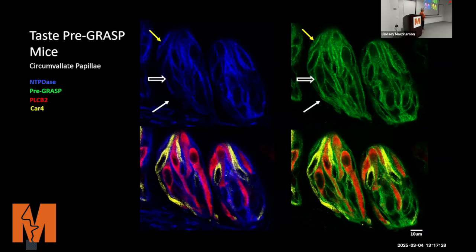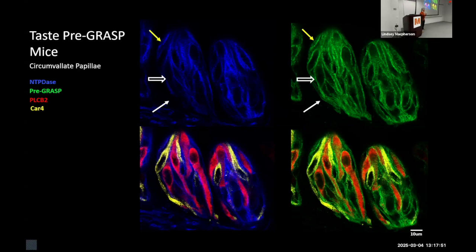I had made a previous version of GRASP which had just a CD4 linker, so it would just go generally to the membrane. We don't see a huge difference between the neuroligin version versus the CD4 version in our hands. But I think in the CNS, it probably does a better job getting it to the pre and the post synapse. On the other side would be neurexin.